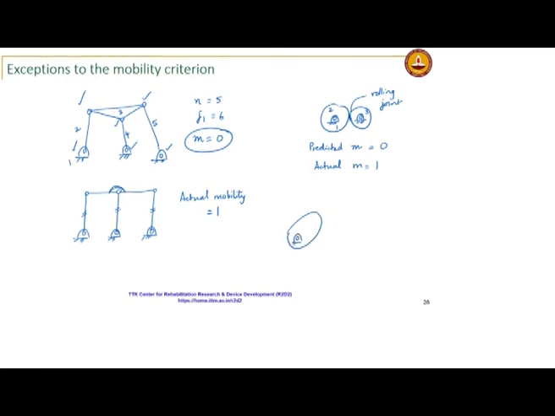So, say you have a cam, okay, and say I put a follower, a rocking follower like this, okay. Then I have 1, 2, 3. So, I have a cam pair here. I get a mobility of 1 for this. Suppose the same thing I change the structure.